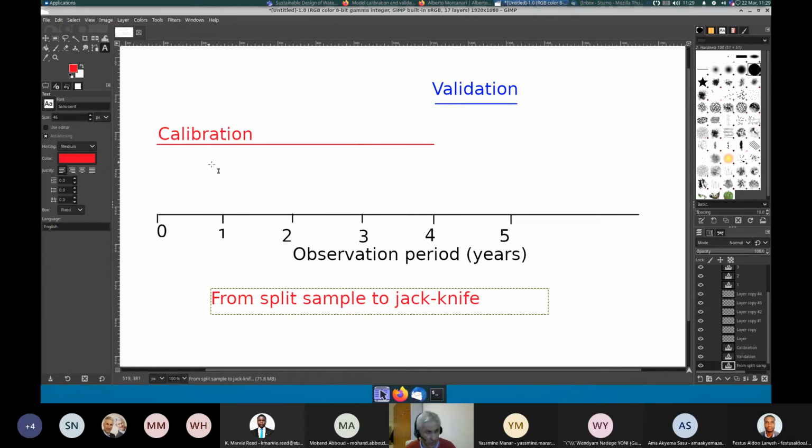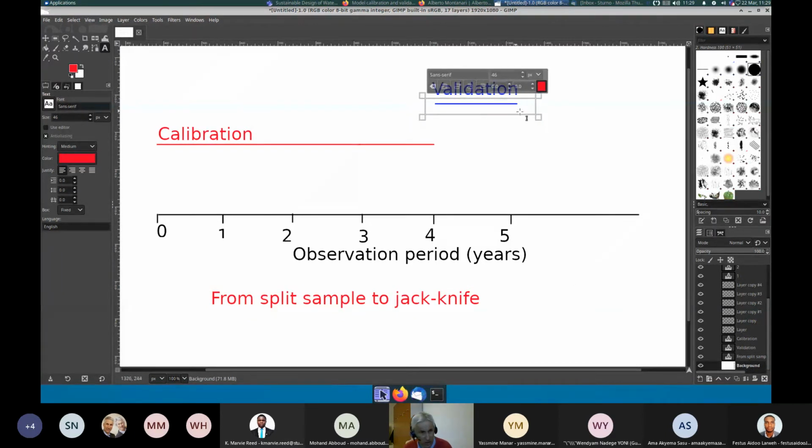In Jackknife, what you do is, let me just show you by removing these two blue lines, and let me just keep the reference to blue for validation.